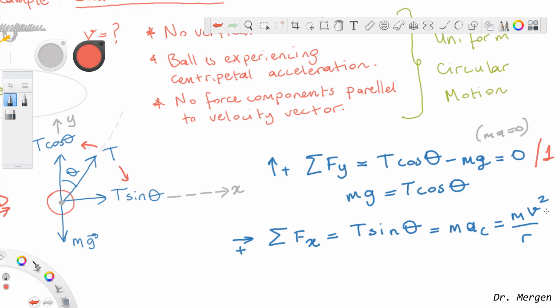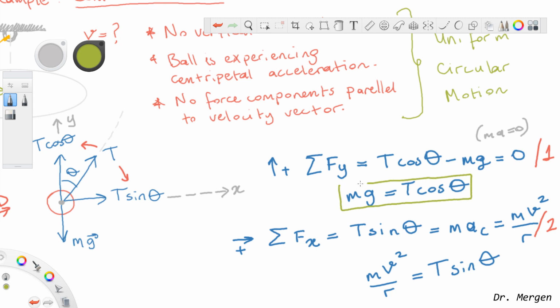And let me name this equation number 2, and I want to tidy up this equation a little bit. Now I'm going to divide this equation into this equation.